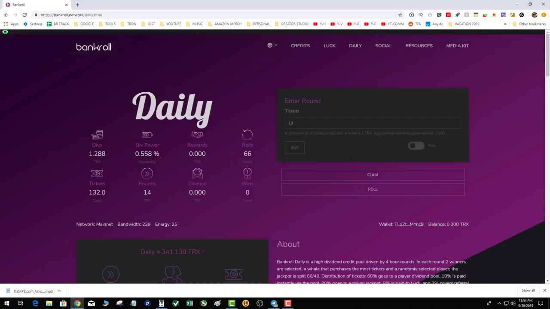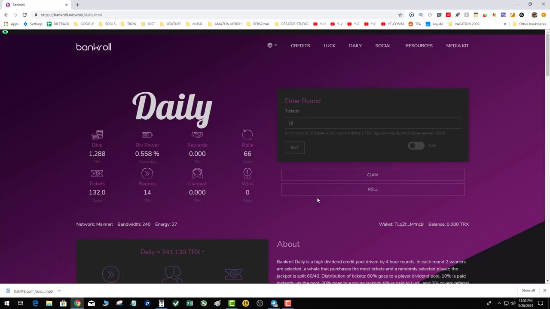So, as you can see, the daily really isn't that complicated. You buy tickets to get div power to get daily divs on a drip. The divs come in, you can claim the divs, you can roll the divs.